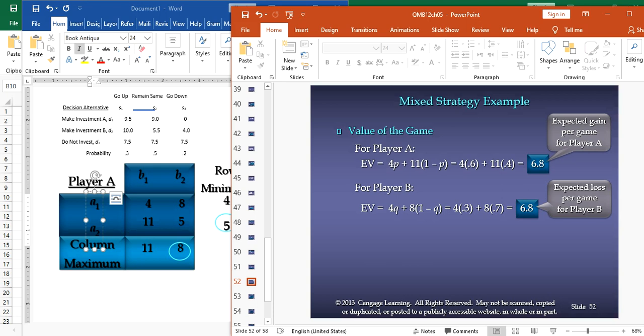We had 4p plus 11 times (1 minus p) equals this, and equals 6.8, and for player B is 6.8. So the gain of A will be the loss of B. Okay, it's a zero-sum game.